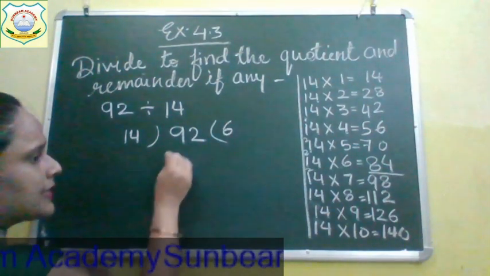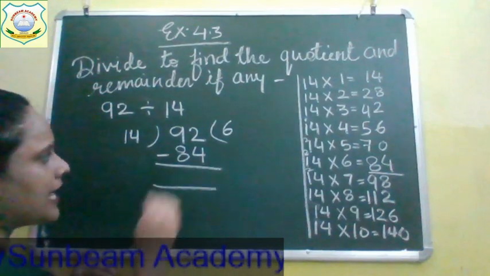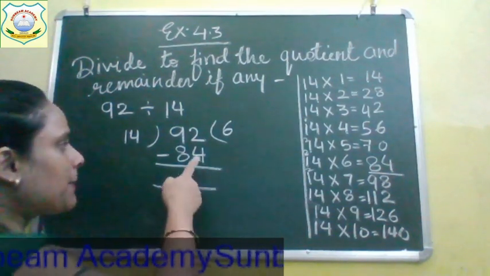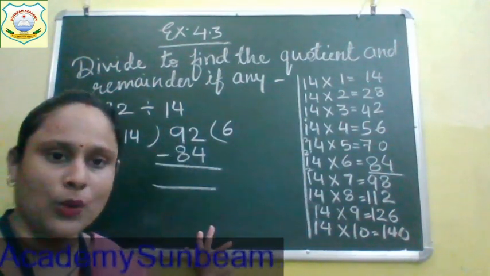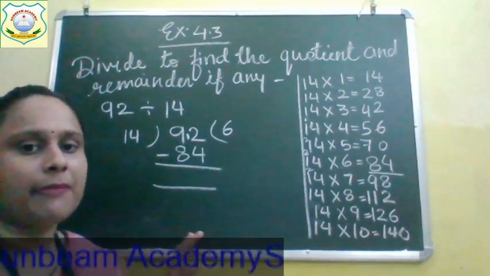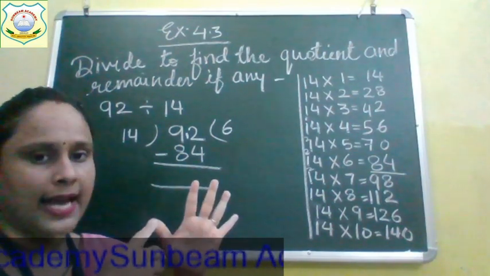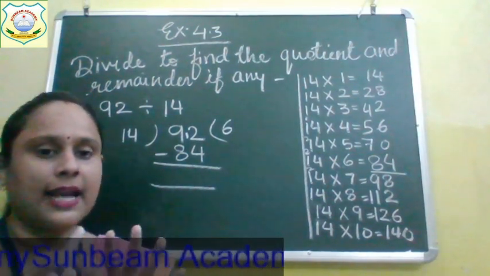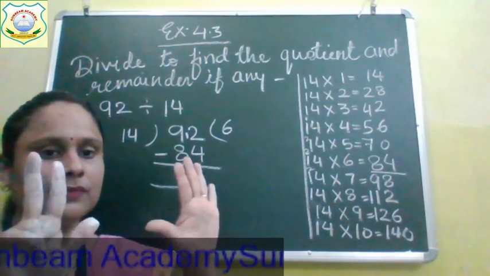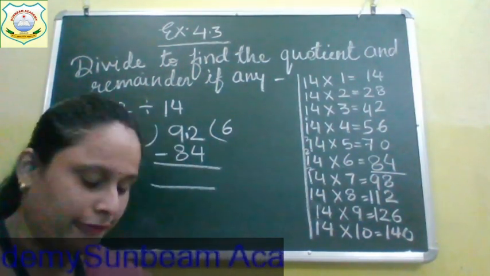So 14 sixes you will write 84. Now subtract it and get the answer. Can you subtract 4 from 2? No, we will take 1, borrow. It will become 12. 12 minus 4 you will get 8. So write down, all of you, 8.